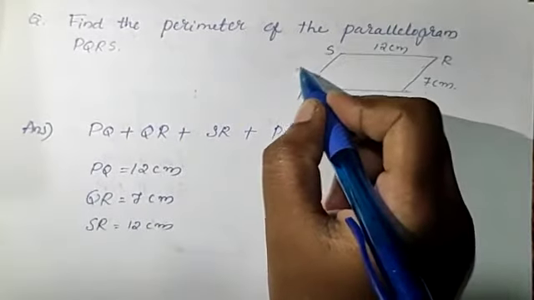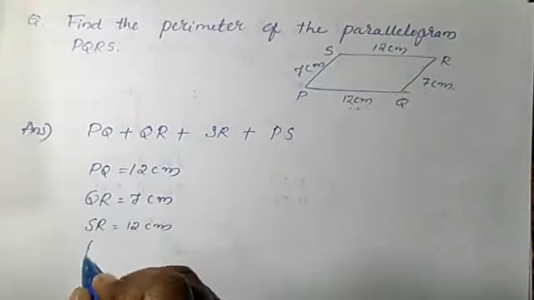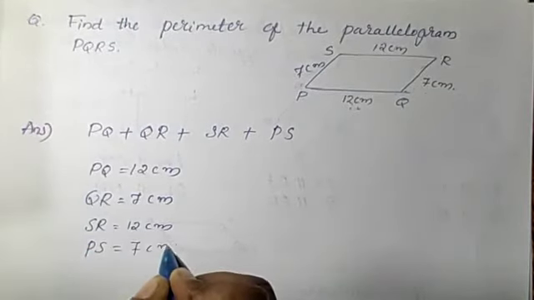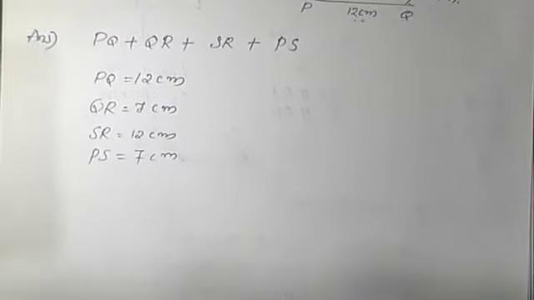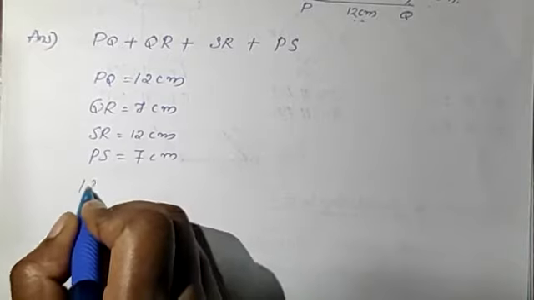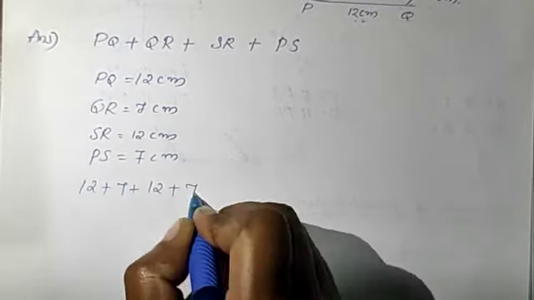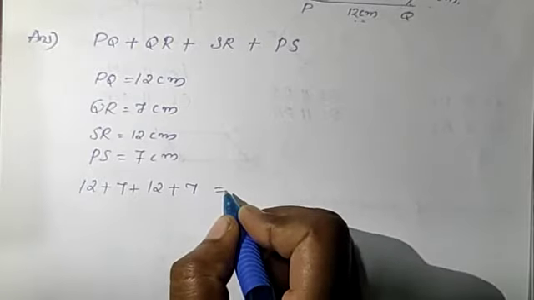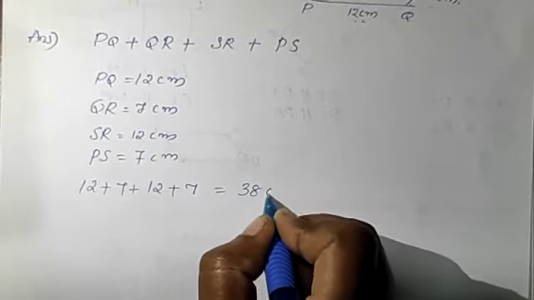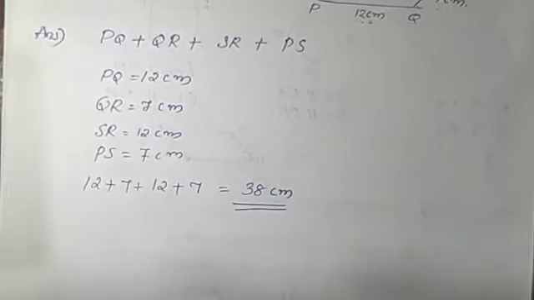Then, PS is also 7 centimeter. Now we can add 12 plus 7 plus 12 plus 7. When we are adding, we get 38 centimeter. This is the perimeter for this parallelogram.